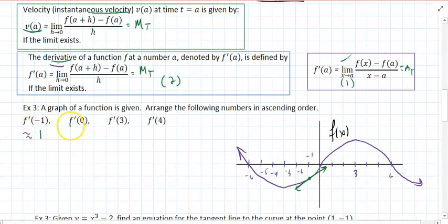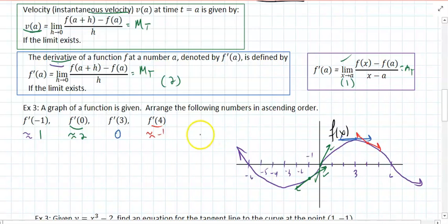And if I look at 0, at x equals 0, the slope of this line, if this is 1, this is definitely bigger than 1. Let's say a 2. If I look at 3, the slope of a horizontal line is always 0. And at 4, the slope of this line is definitely negative. Let's say -1.